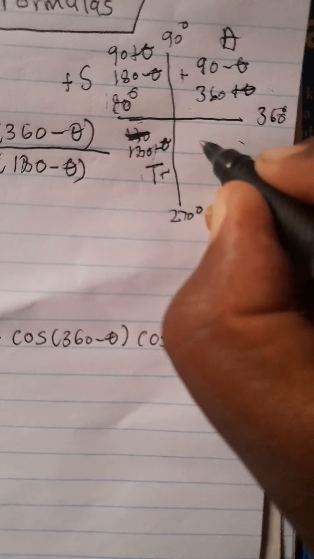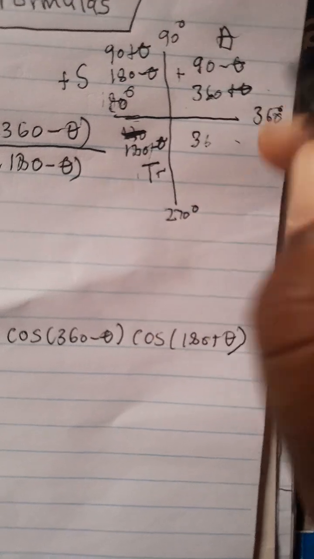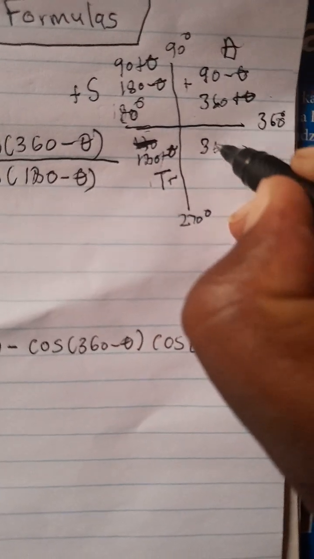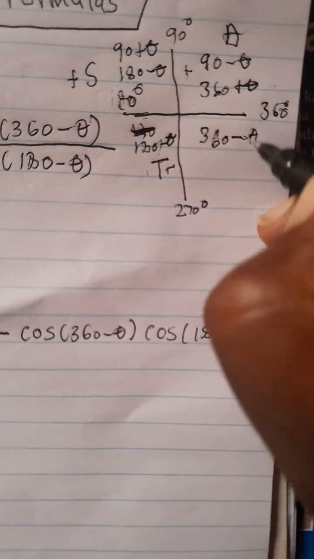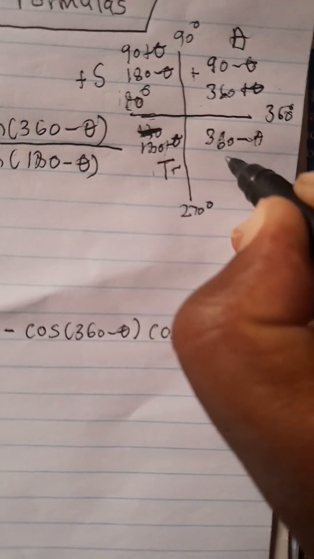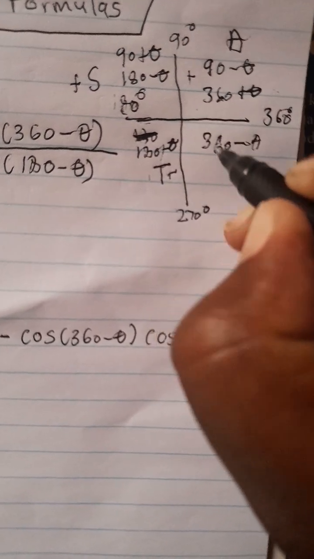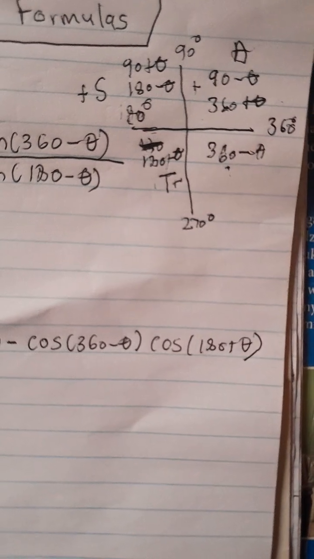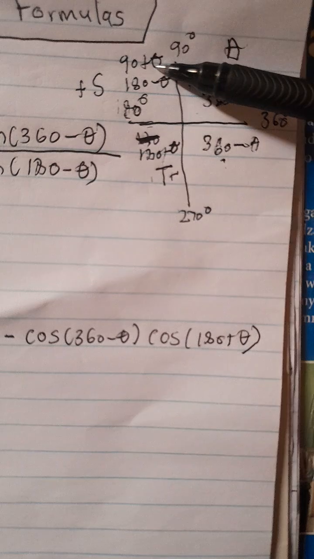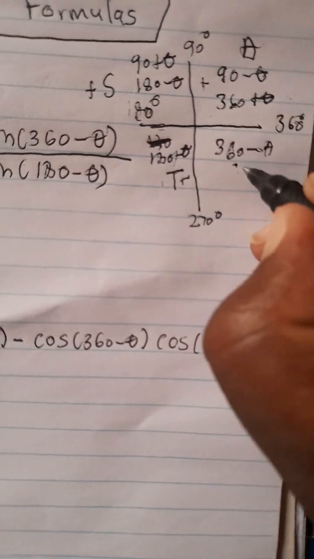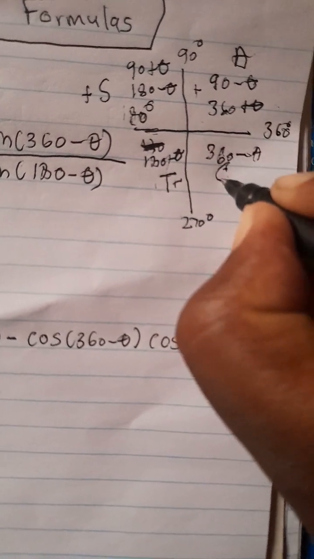When it comes to the fourth quadrant, this is where we find 360 minus theta. The best way to remember this, I always say: All Stations To Cape Town. So here it's C, which is cos.